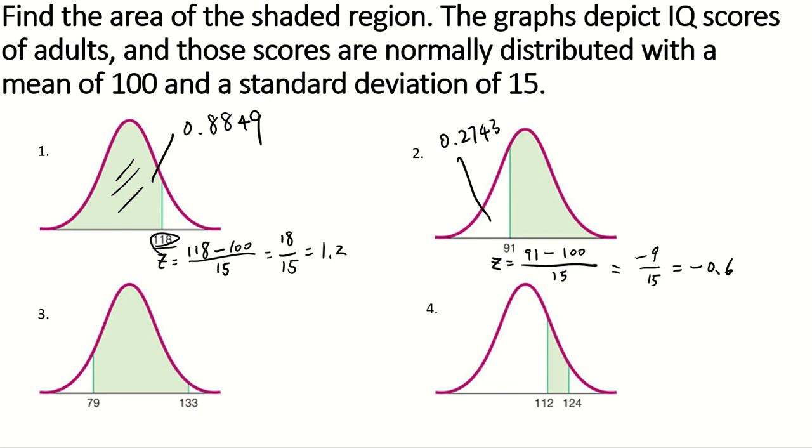Remember, in the A2 table, the z-score table, the area given to you is the area to the left of the given z-score. Okay, so to find the shaded area, you need to use 1 minus 0.2743, which is 0.7257, which is the answer to this problem.